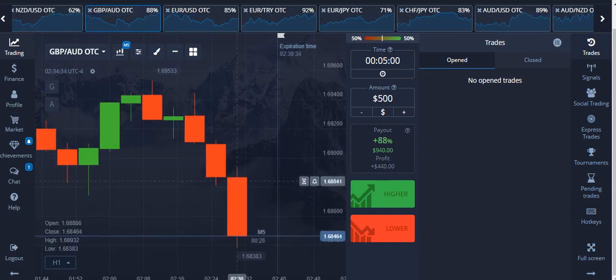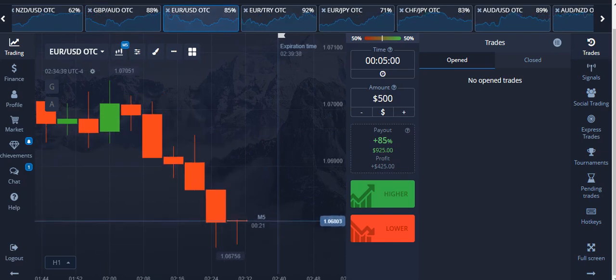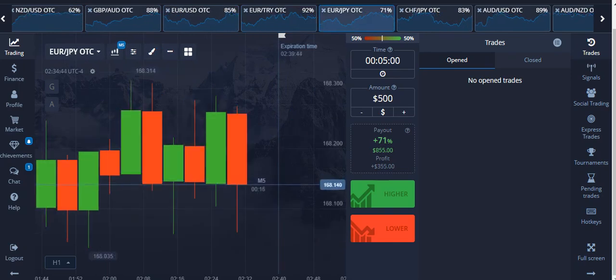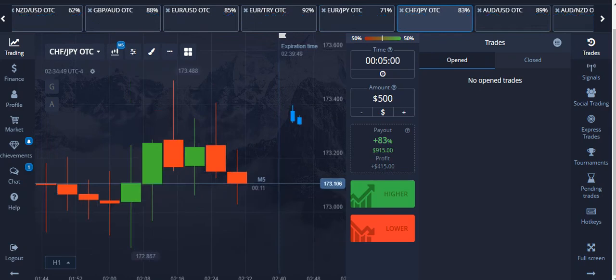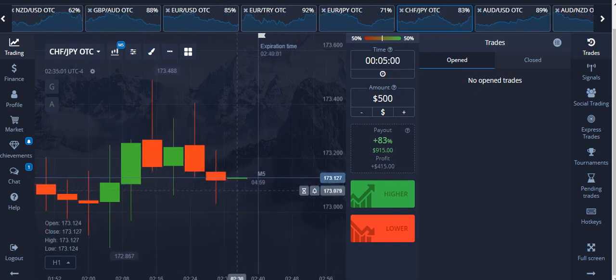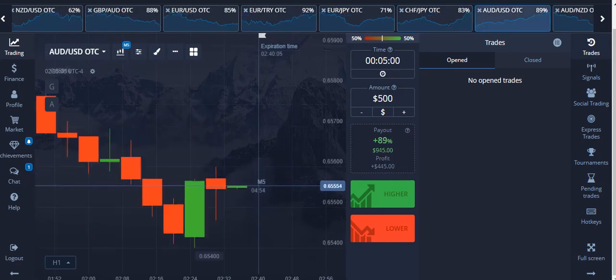Okay, this is not really. Let's see. Nothing. Let's just go through. This could be a gap. Yeah, it looks like a gap here. Let's see what happens. I'm going to come up with an example in a minute here.